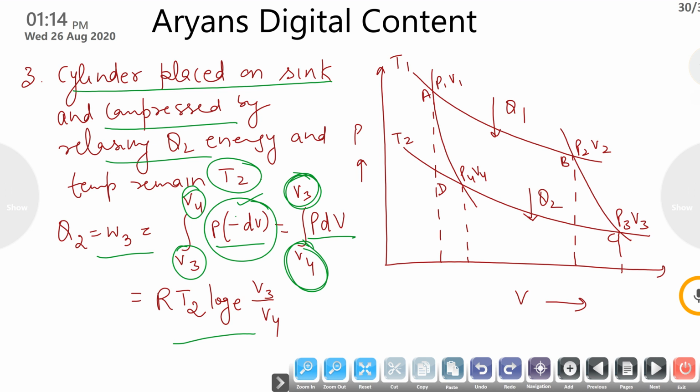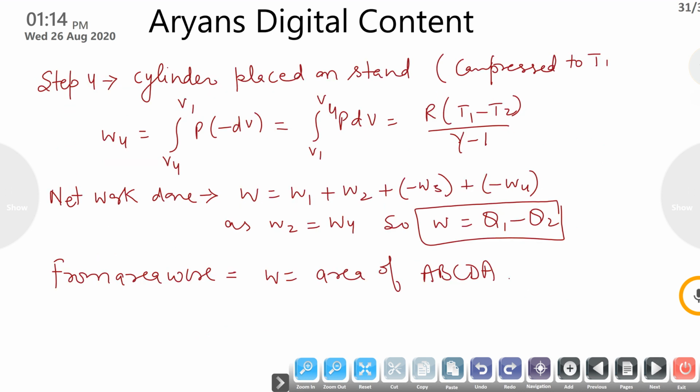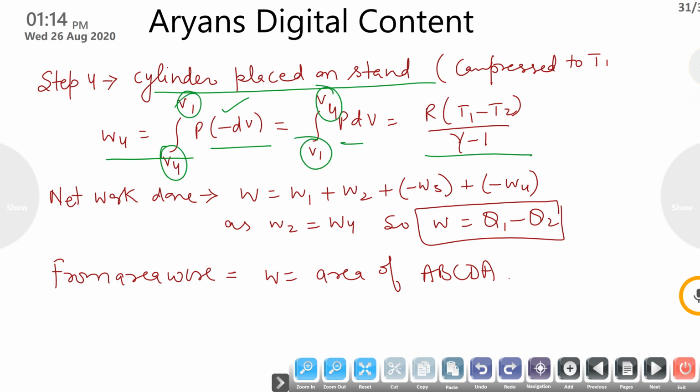So it will come out as RT2 log V3 over V4. And in the final step, you will again put the cylinder on your stand and it is an adiabatic process. So the work done PdV is equal to R(T1 minus T2) divided by gamma minus 1. Here again this negative sign is compensated by exchanging the initial and final values of the integration.